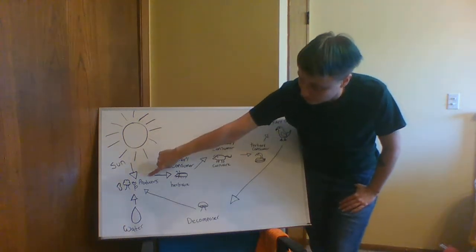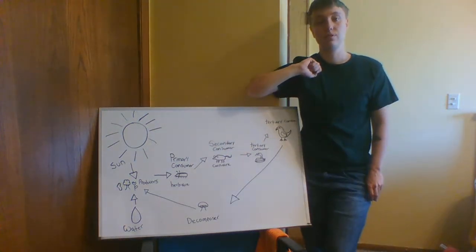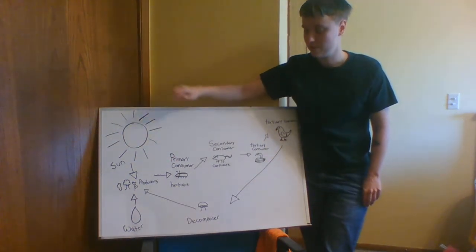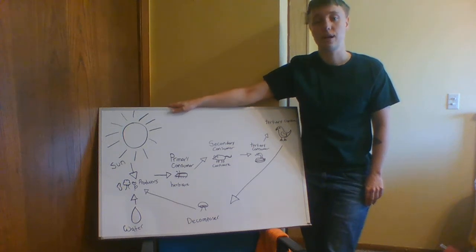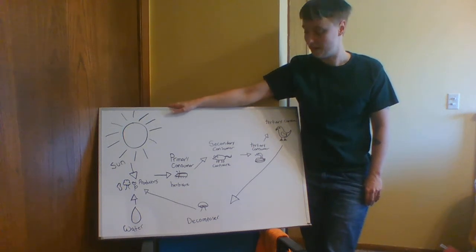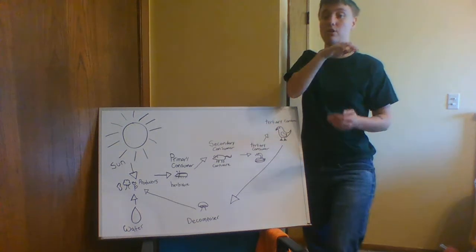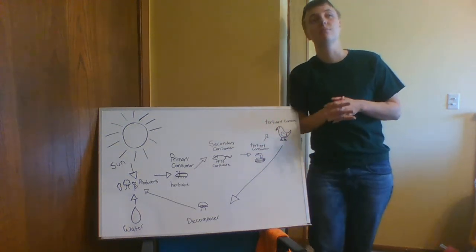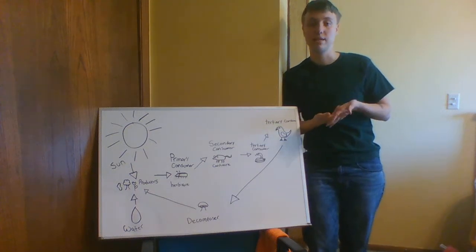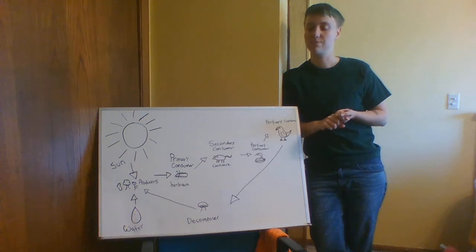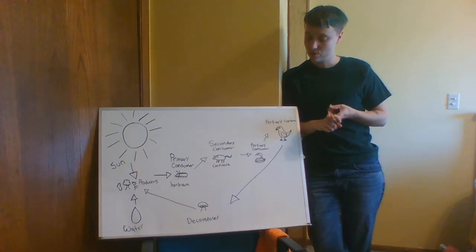So you start out with your primary producers, which are your plants or single-celled organisms, and then those are eaten by a primary consumer. In this case, on yours, it's a beetle, and I drew a beetle on mine as well. But those are typically herbivores, not always, but herbivores are organisms that only eat plants. They don't eat meat, they don't eat anything that's not based in plant material. So typically those are herbivores.